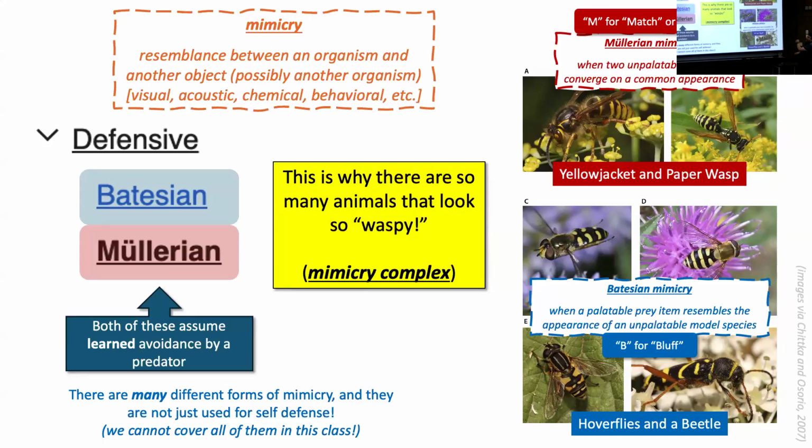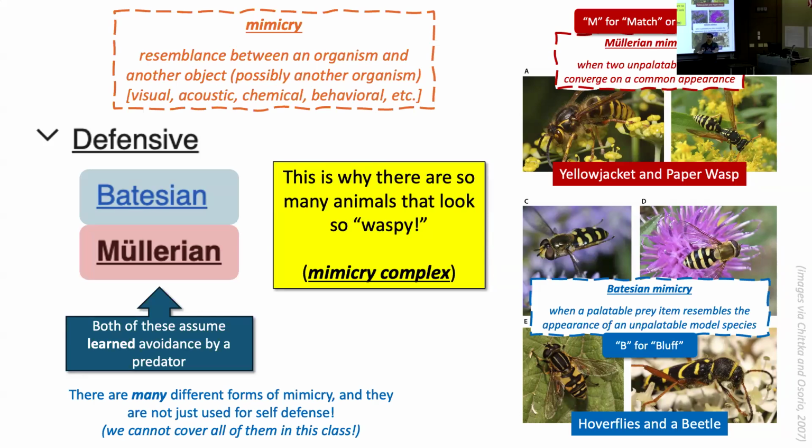If a predator has to have experience with wasps, it may take some time for it to learn that the thing that stung me is an unpalatable prey, and I never want to try to eat that wasp again. It may take 4 or 5 experiences with getting stung by a wasp before the predator learns that that wasp is something to avoid.